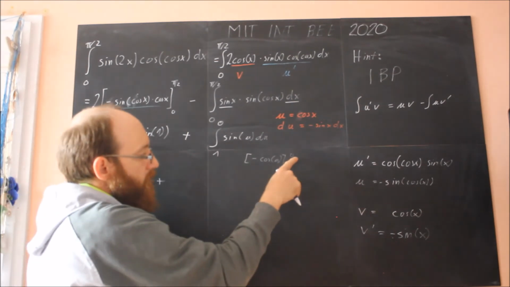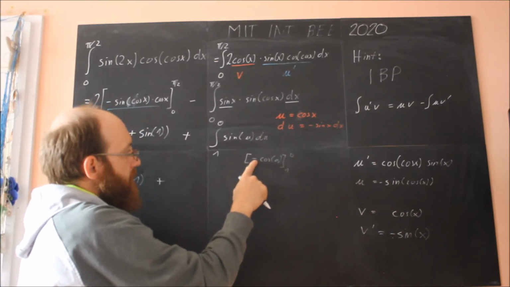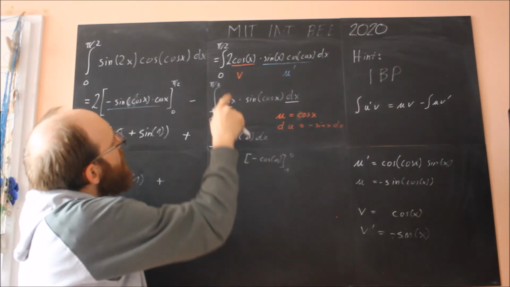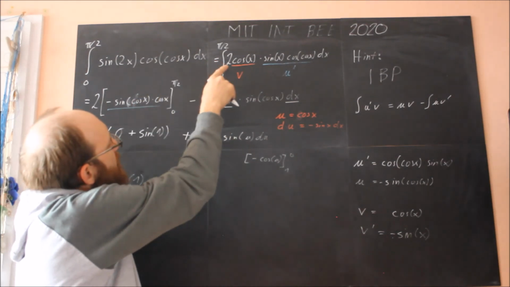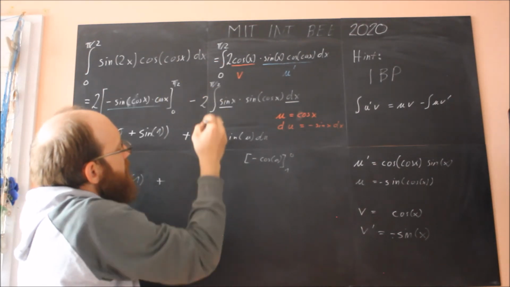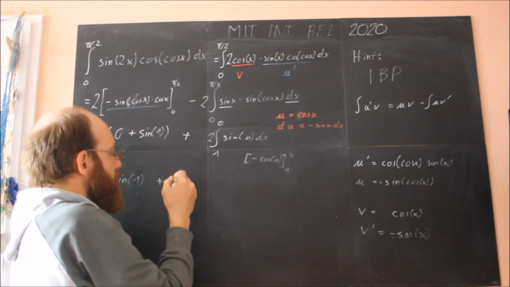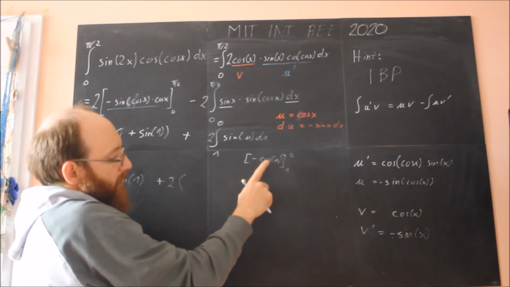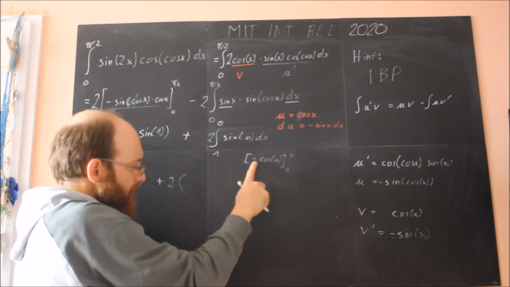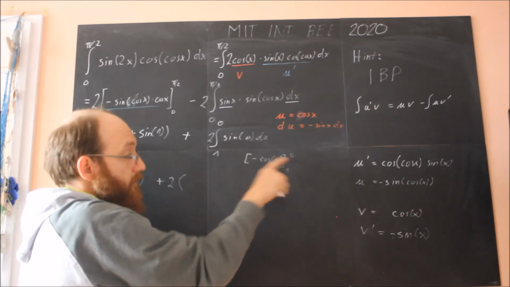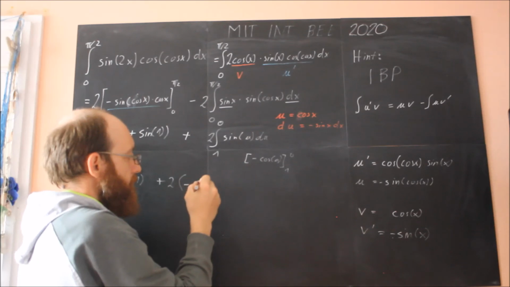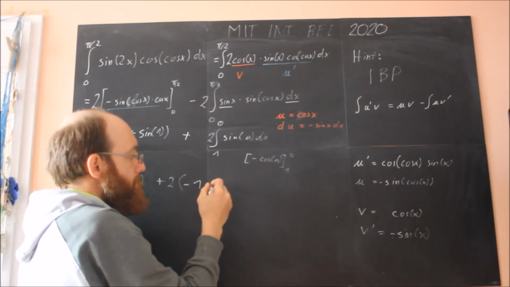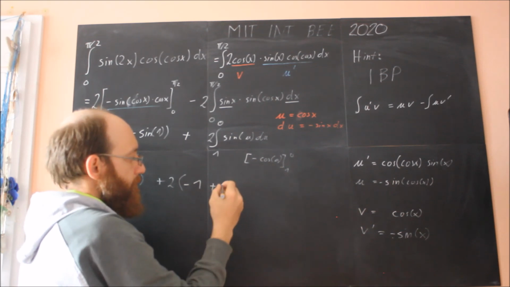Because I factored out a 2, the 2 is missing here. So with the upper bound, cosine 0 is 1, so we have minus 1, minus cosine 1.